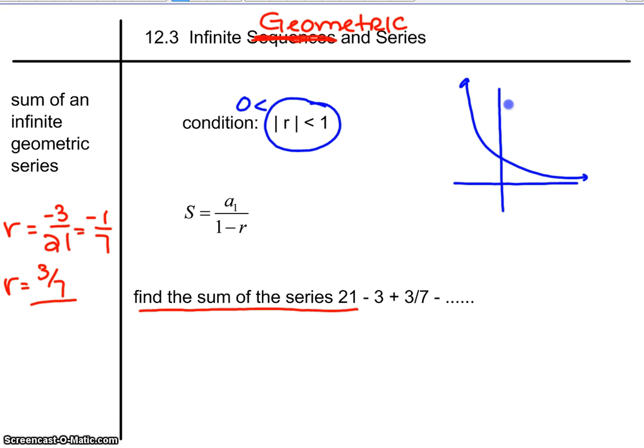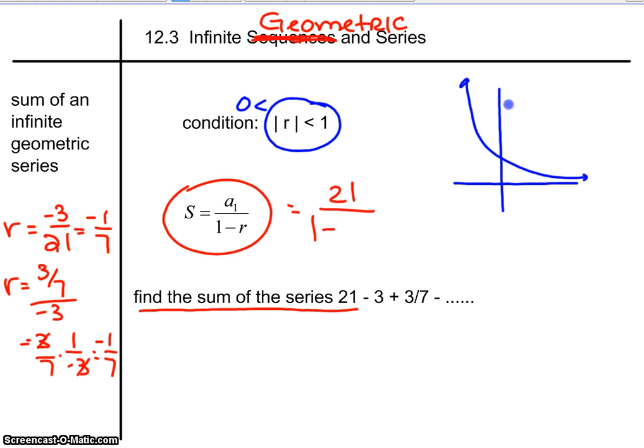So again, if I check my third divided by my second, multiply by my reciprocal, I do get negative 1/7. And so now here's our formula. I'm taking my first term and dividing it by 1 minus r.